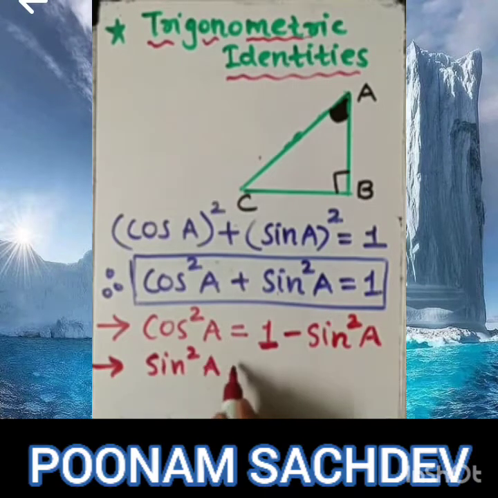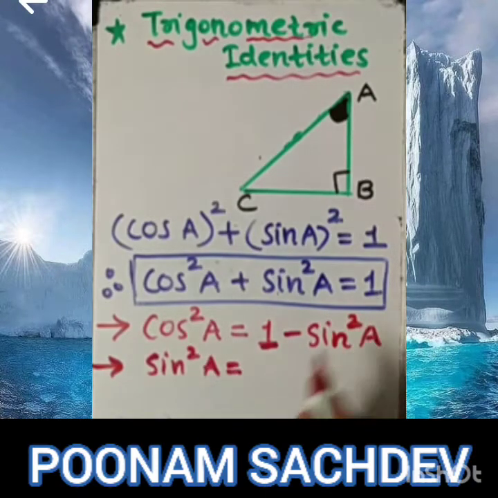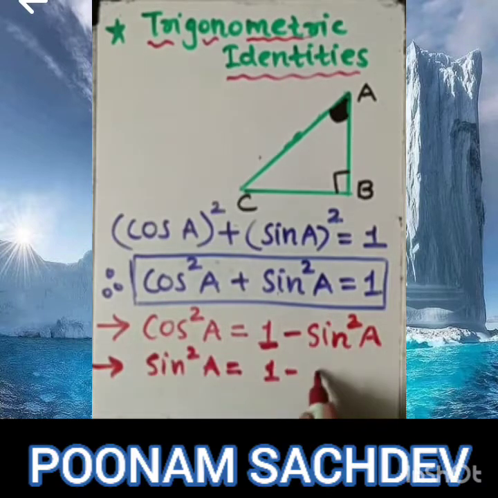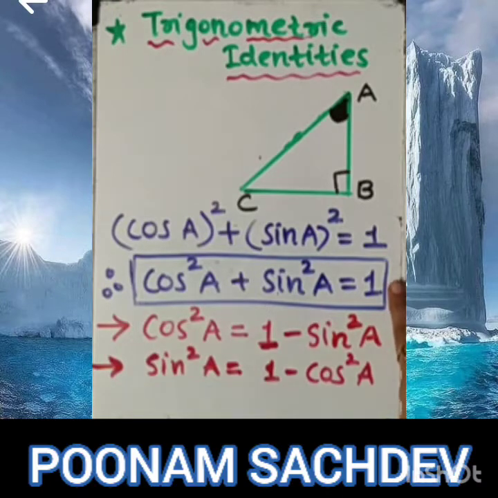So sine square A equal to 1, and this cos square I am shifting to the right side, so it is minus cos square A.